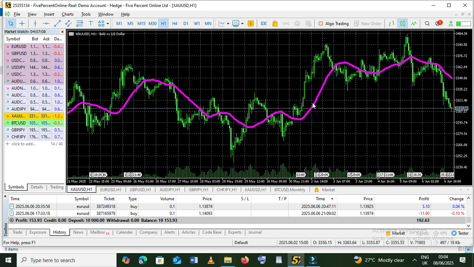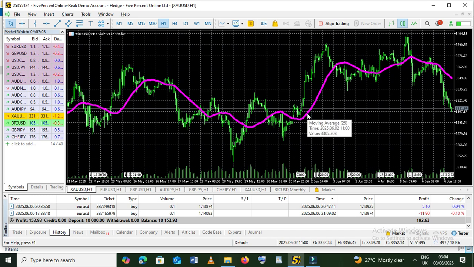It shows that the market is in a bullish direction, so you can place a buy order. And when you see the line above the candle, it shows that the market is in a bearish direction, so you should place a sell order. Always remember to set your stop loss and take profit where necessary to maintain your risk strategy.